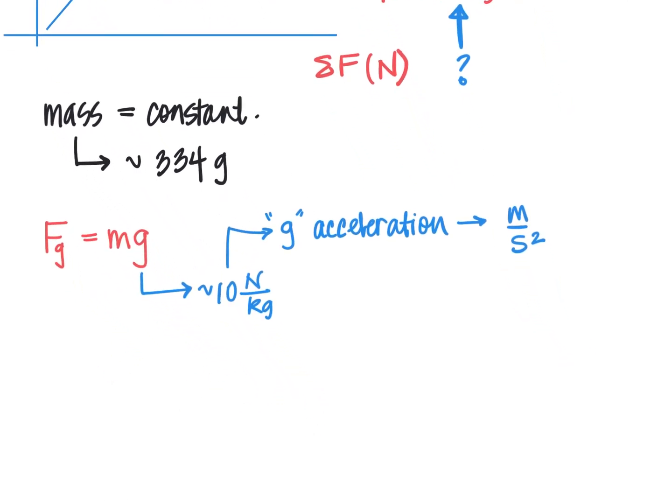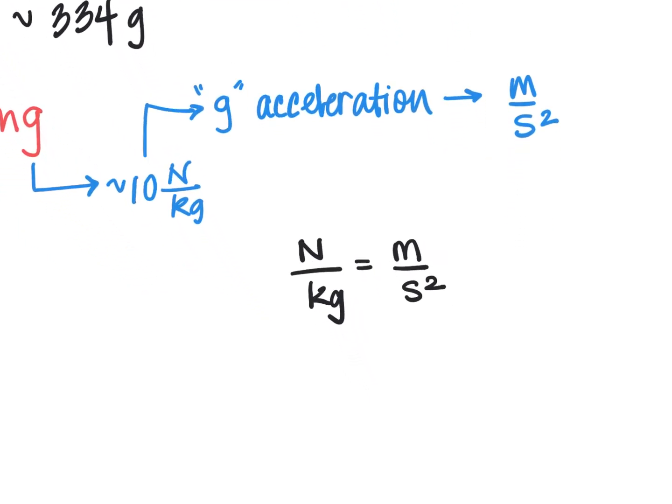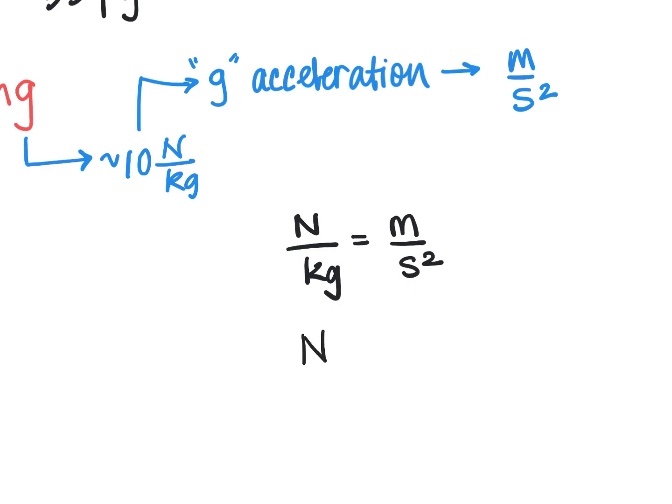So it's reasonable to make the connection that a newton per kilogram should be equivalent to a meter per second squared. That means that a newton would be equal to kilogram meter per second squared.